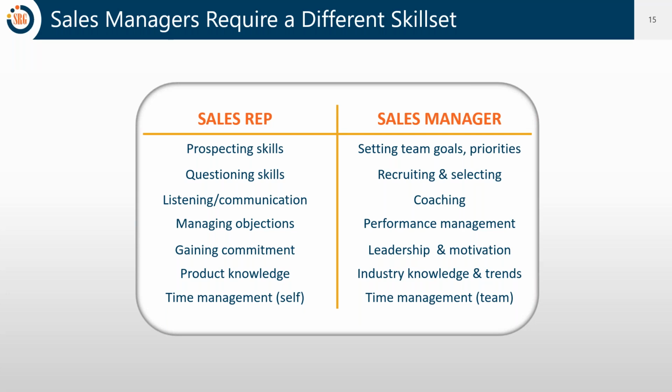And you look at what a sales manager needs to do from a performance management standpoint: setting team goals and priorities, recruiting and selecting the right people, coaching their teams, managing performance on an ongoing basis, leadership and motivation, time management across the entire team. They also need to have a certain depth of knowledge of the industry and its trends so they can share insights with their team, but not a lot of duplication. While those sales skills are still critical, the manager is going to be able to coach to those skills on the left.